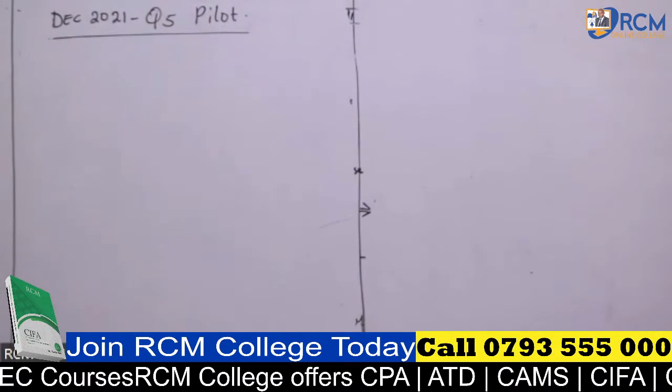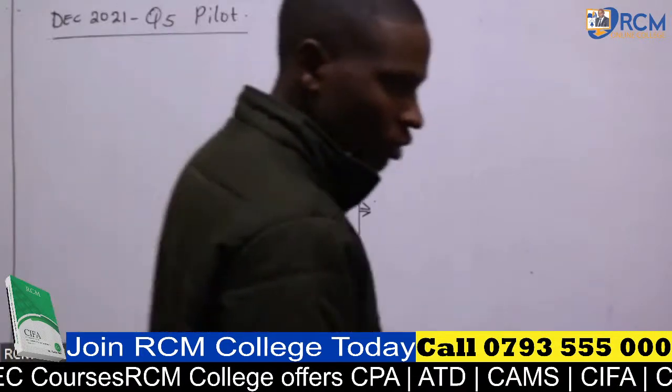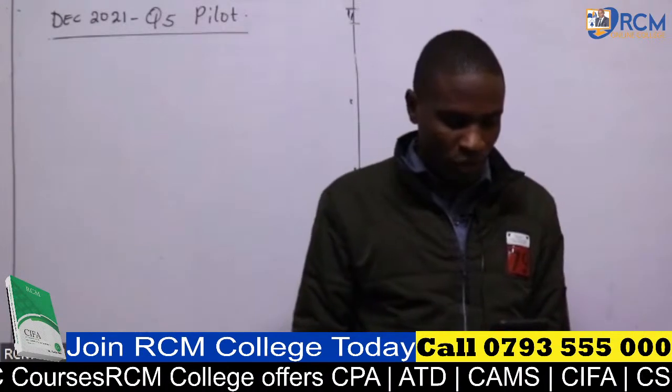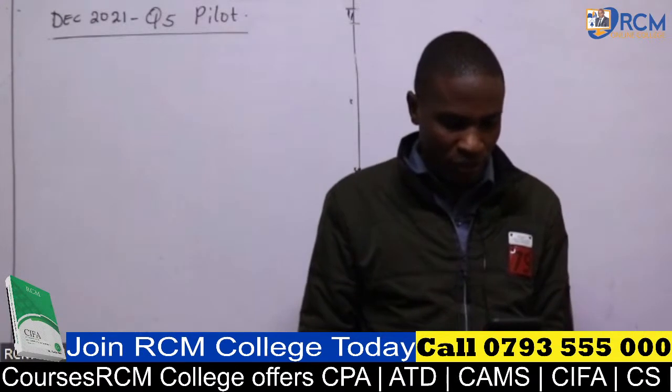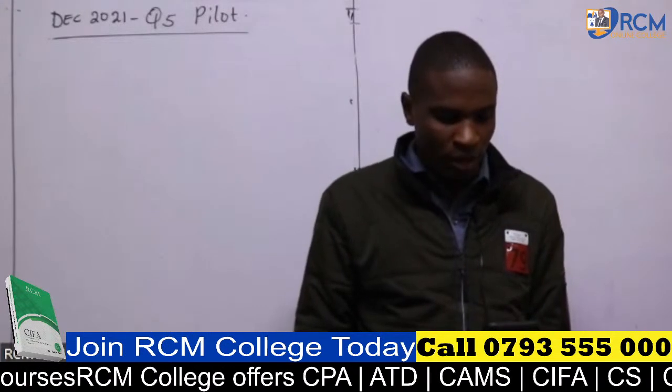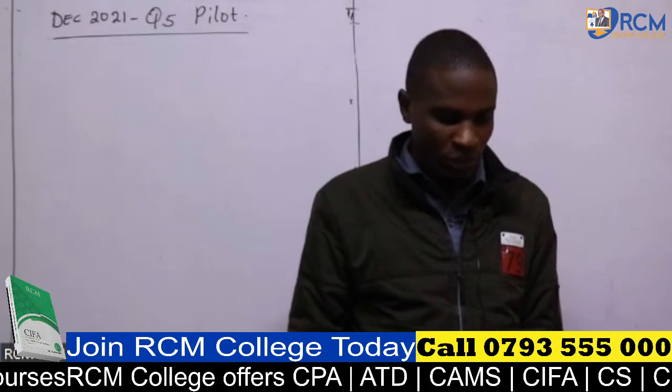Good. So allow me to lead the question. The management board of Zico Limited is reviewing the performance of the company for the year ended 30th June 2021 relative to 30th June 2020.